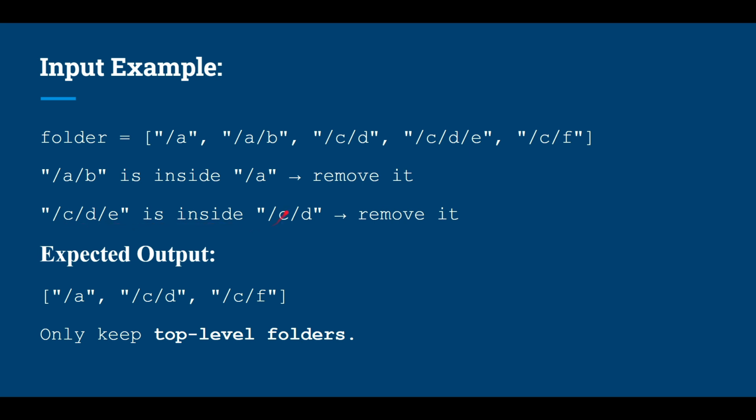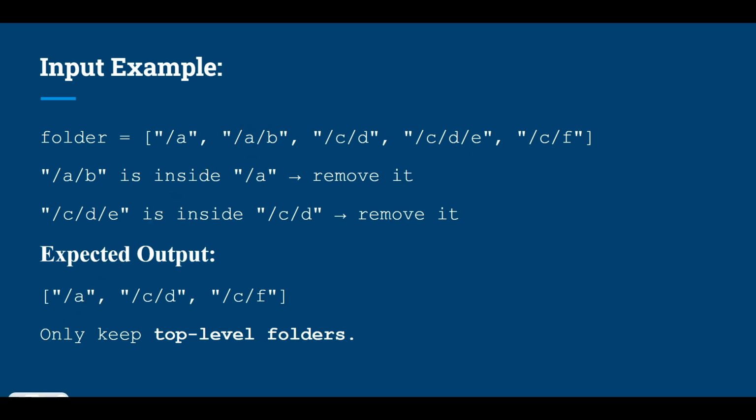Inside /c/d, so we have to remove this one also. So AB is a subfolder of A. Similarly, CDE is a subfolder of D. That is why we are seeing this is a subfolder.